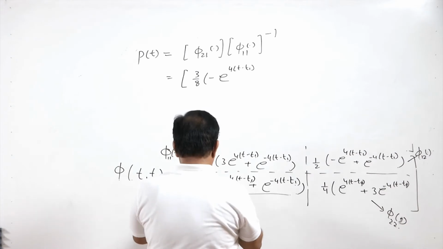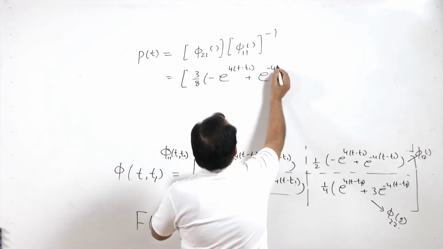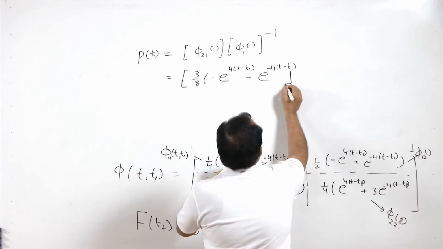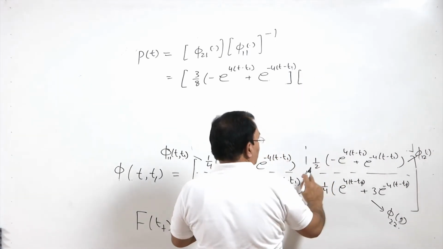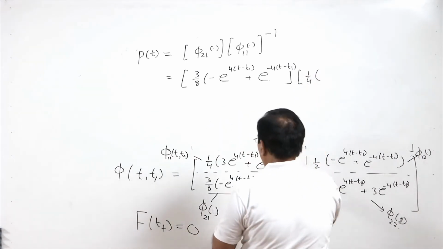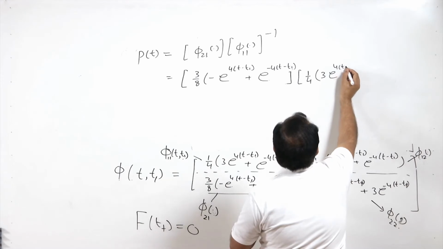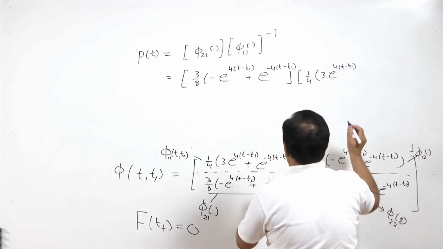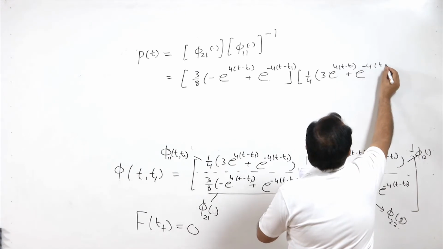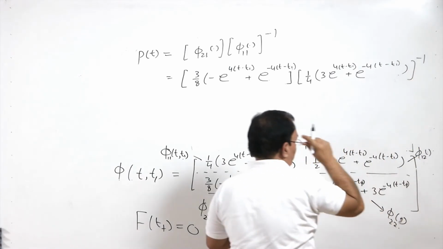e to the power 4(t − t1) plus e to the power −4(t − t1), multiplied with φ11, which is 1 by 4, this is 3, e to the power 4(t − t1) plus e to the power −4(t − t1), and the inverse of this.